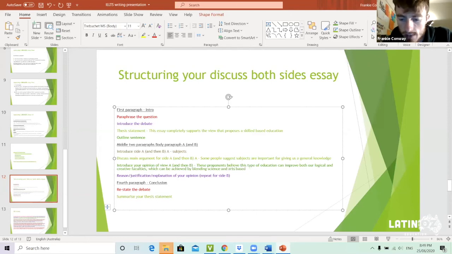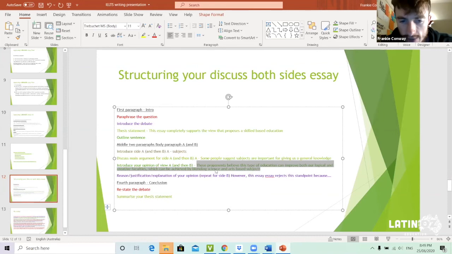You could say, however, this essay rejects this standpoint because... So you have acknowledged the argument, you've said why they believe that, but then you've said, no, this essay disagrees with this idea. And then you need to say why.